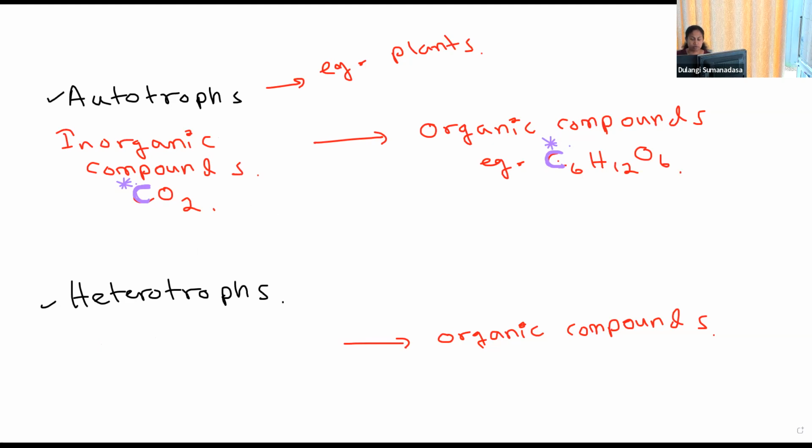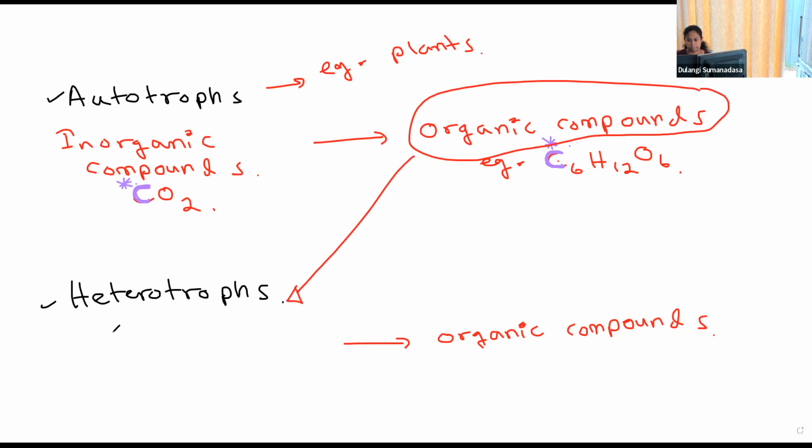But the heterotrophs are going to use the organic compounds produced by the autotrophs. They're going to rearrange the organic compounds into whatever shape they need. So these are the definitions.